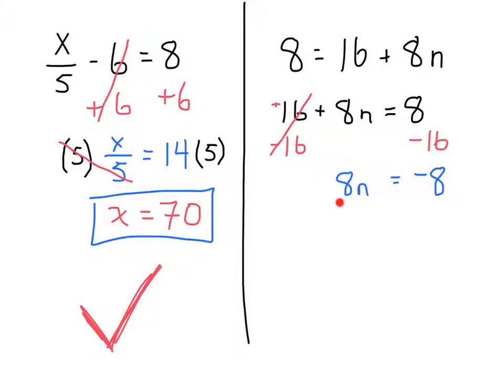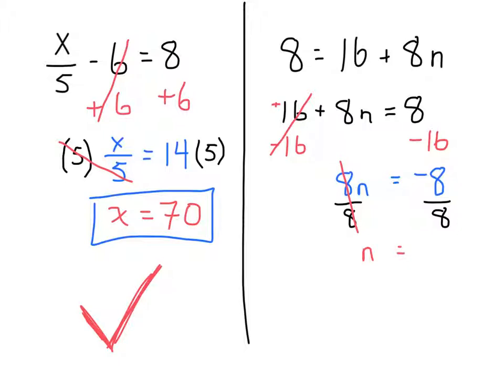So 8n, this is multiplication. You have to do the opposite of multiplication, which is division. So we're going to divide by 8 on both sides of the equation. So this 8n divided by 8, the 8's cancel out, so all we have left is n.